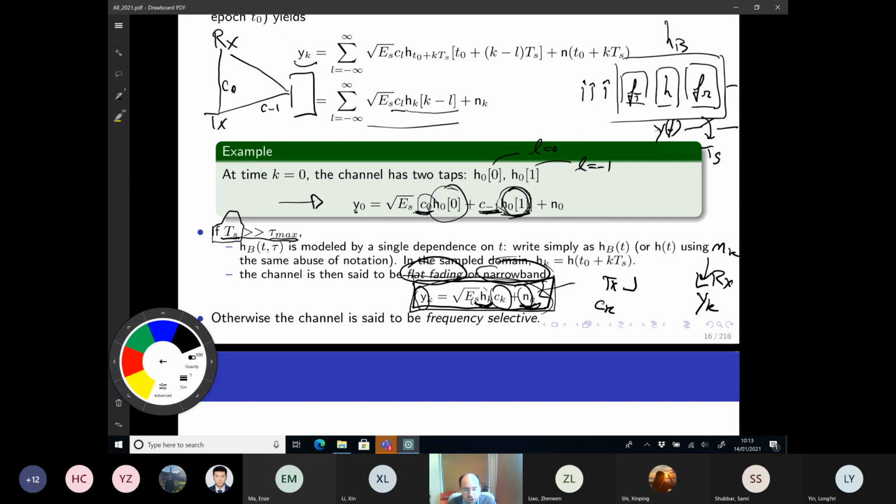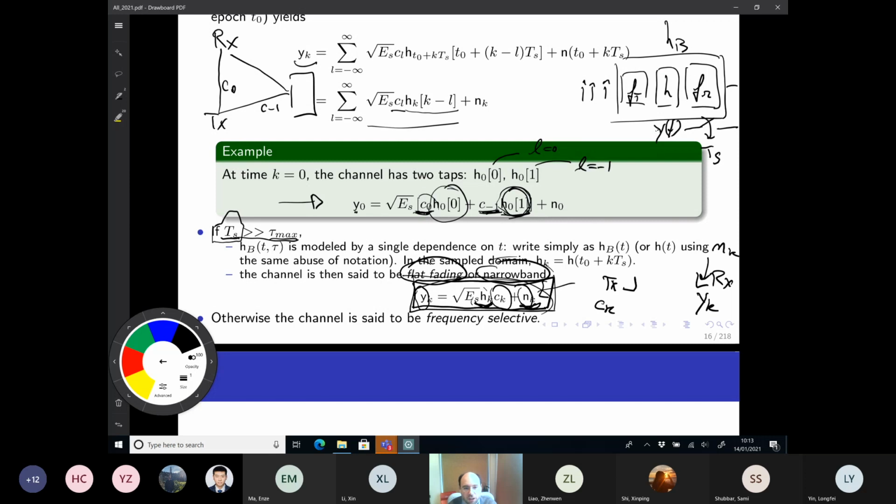You can view this differently in terms of coherence bandwidth, in the frequency domain. If you have frequency selective channels, it means the magnitude of the channel in the frequency domain fluctuates. And if you have a large Ts, it means 1/Ts is small, so your bandwidth is small. And so over your bandwidth, you have a channel that is frequency flat. That's another way of interpreting this.